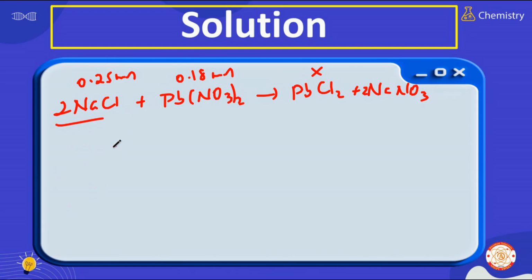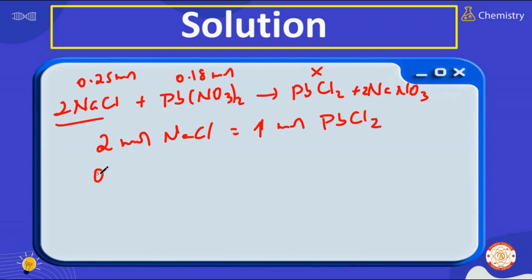So let us establish a relationship between sodium chloride and lead 2 chloride. The equation tells us 2 moles of sodium chloride, how many moles of lead 2 chloride are produced? 1, right? 1 mole of lead 2 chloride is formed.